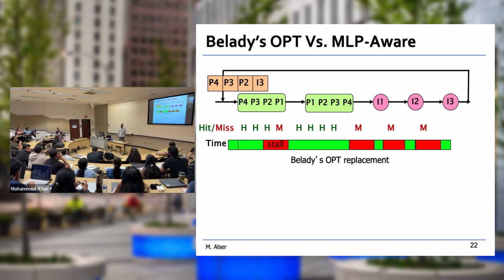So for isolated, yes, because it doesn't care or it's not aware about the memory hierarchy. It doesn't know the cost of each request. So it does not differentiate between isolated one and non-isolated one. So it's not like it's targeting the isolated to be removed all the time. It has nothing to do with isolated. It doesn't know that this is an isolated miss. It just happened because those are coming after those requests.